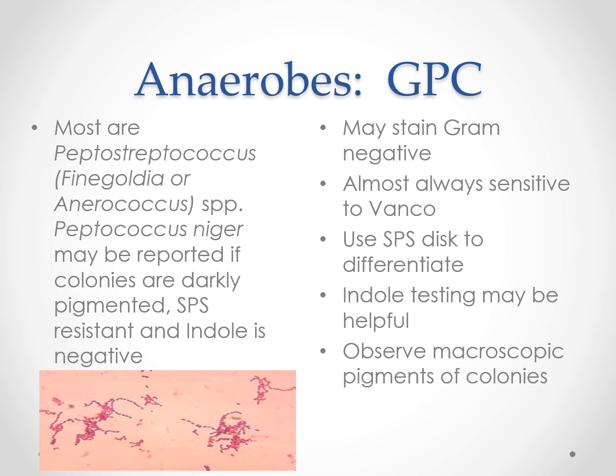Now, indole testing may be helpful if you're trying to identify Cutibacterium acnes, or if you're trying to rule out Cutibacterium acnes. It's a gram-positive rod. And then you want to observe macroscopic pigments of colonies. If you have colonies that start to turn black, it is possible that you have Peptostreptococcus niger, Peptococcus niger. Remember that SPS stands for sodium polyanethol sulfonate, and it's used to differentiate Peptostreptococcus and Peptococcus niger.